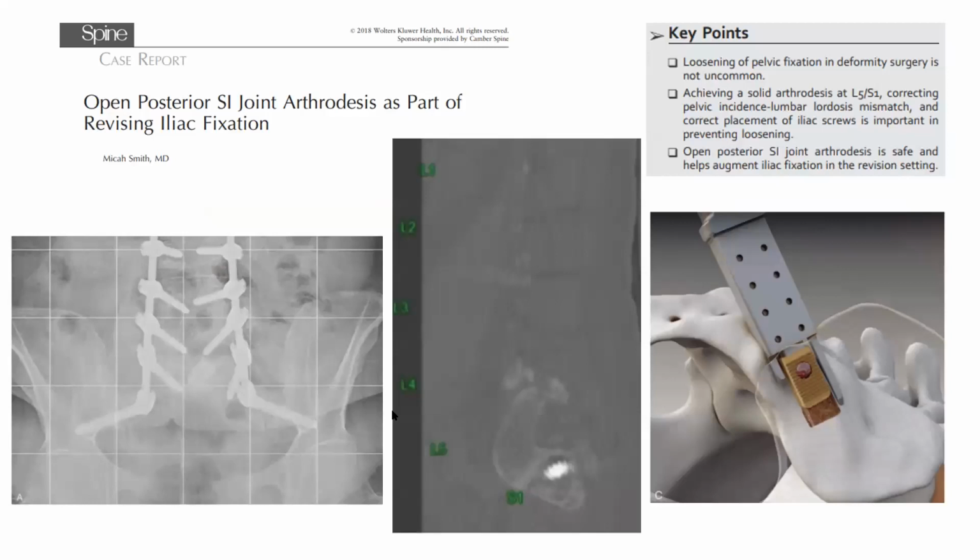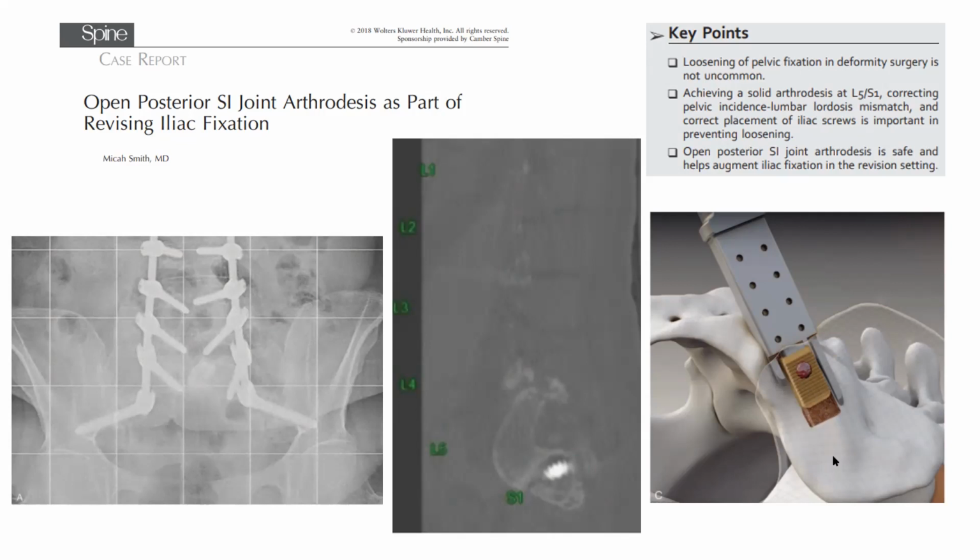This is an example of how that's being used, and specifically for patients who are having problems with pain in their SI joint after long fusions, even with iliac fixation. You can see on the right-hand side, there's an instrument that approaches the posterior portion of the SI joint in the inferior region, right above the sciatic notch.